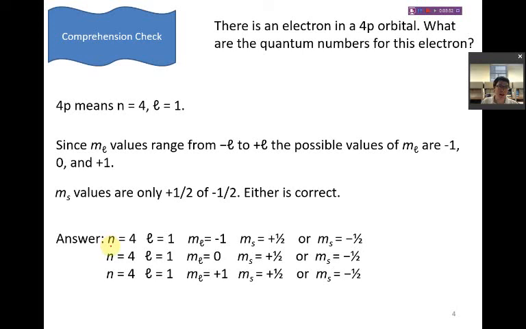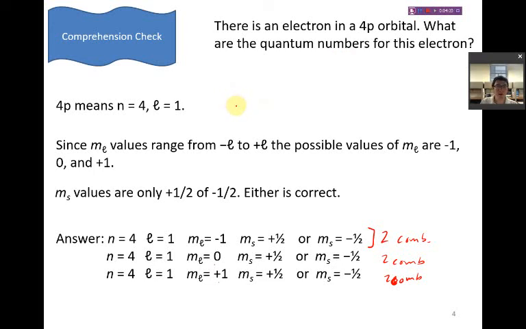So we can have an n value of 4, an L value of 1, with an M sub L of -1, 0, or 1, and then each one of those M sub L values can have 2 different combinations. That is 2 combinations, 2 combinations, 2 combinations, a total of 6 different sets of quantum numbers that describe an electron in a 4p orbital.